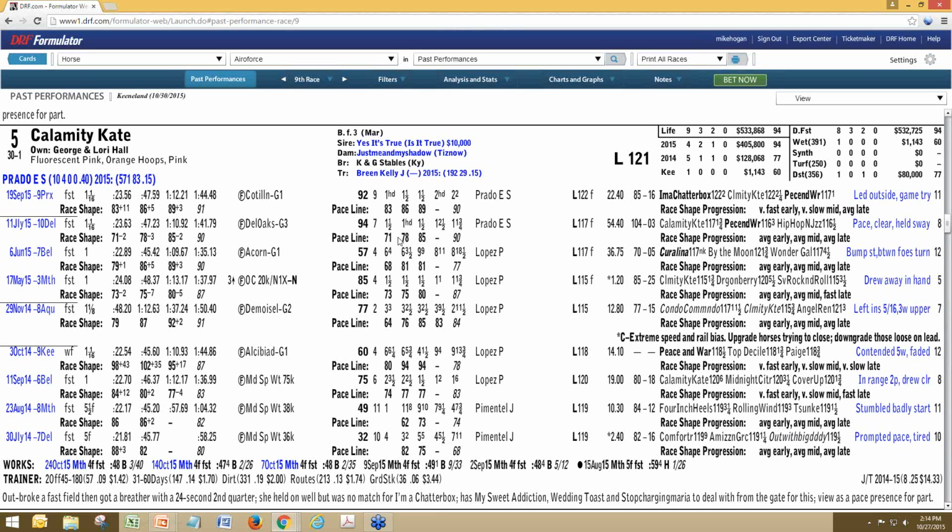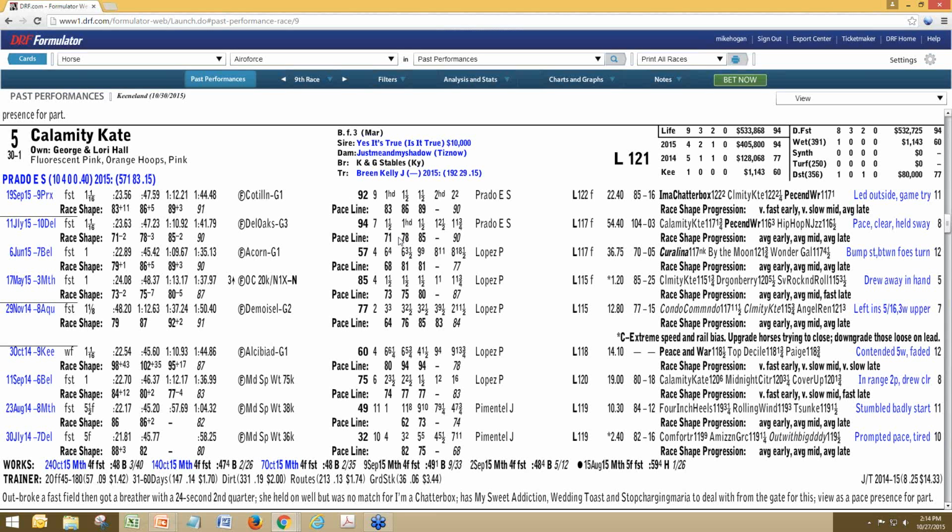And when you look at speed figures, though, they don't really tell you that Calamity Kate is a prime contender. But keep in mind, she did duel for the lead in pretty fast fractions for Park Racing last time in the Cotillion, and still held on to finish second behind I'm a Chatterbox.